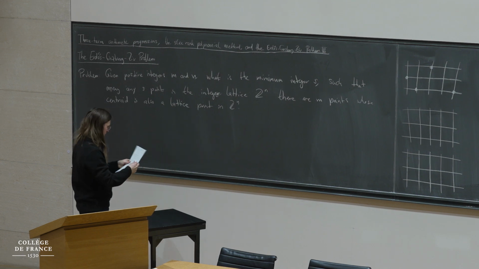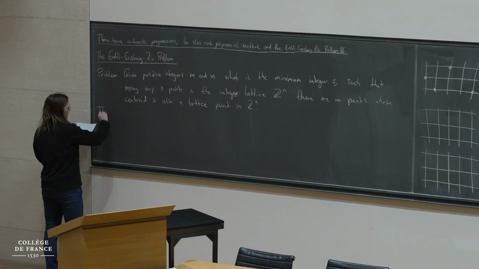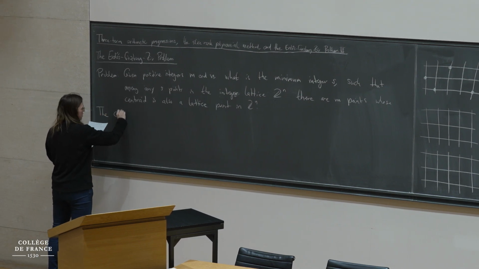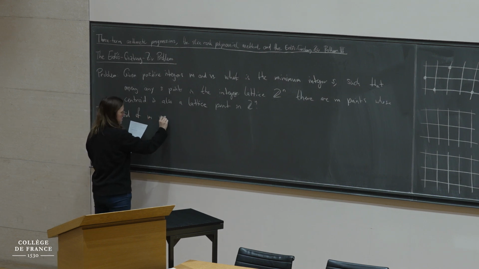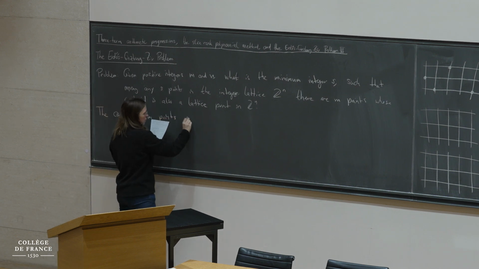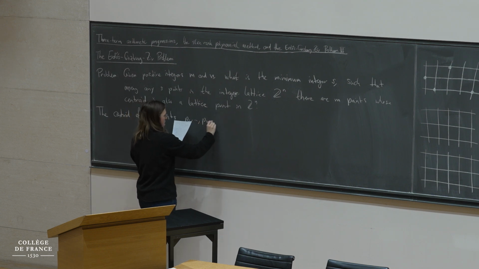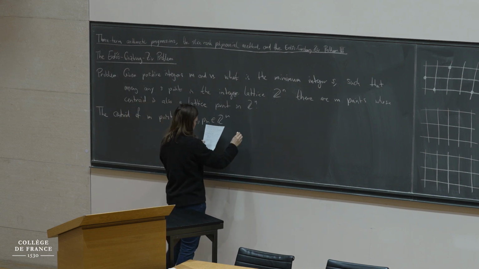integer coordinates. So just for completeness, the centroid of m points p1 to pm is simply the average.